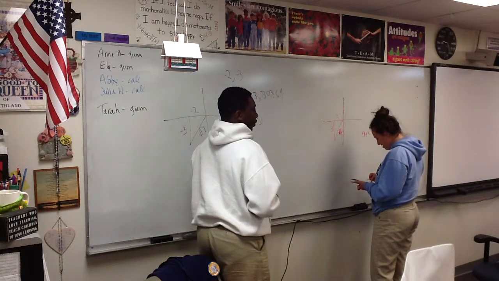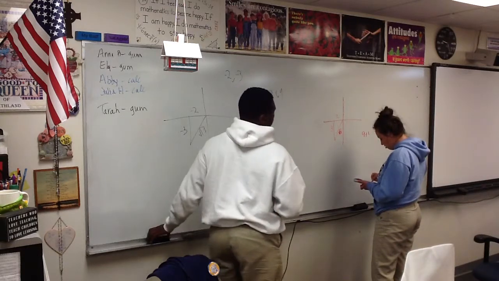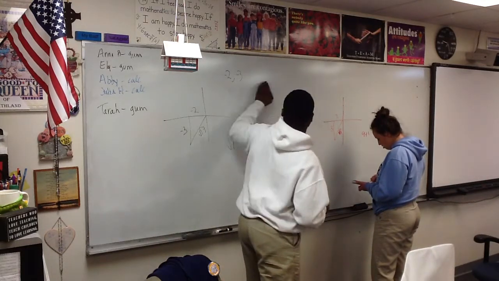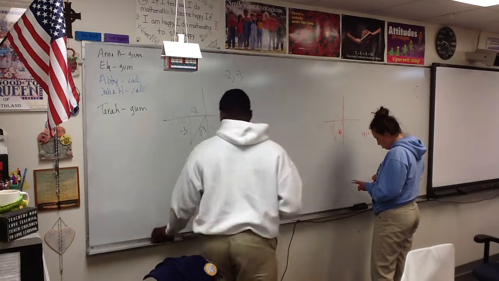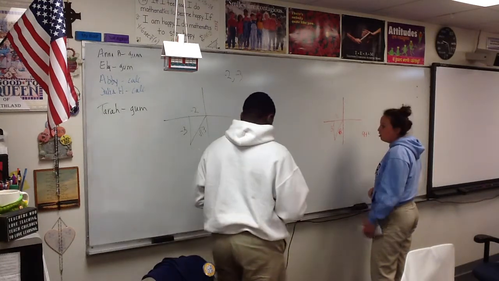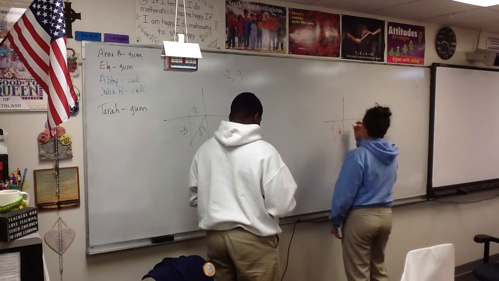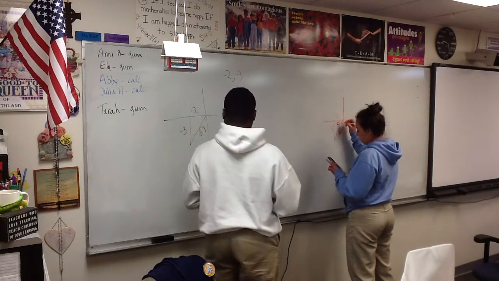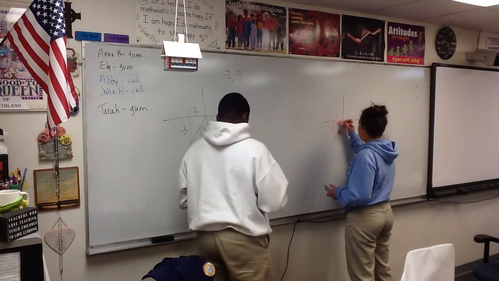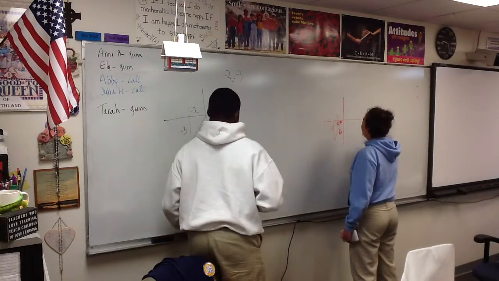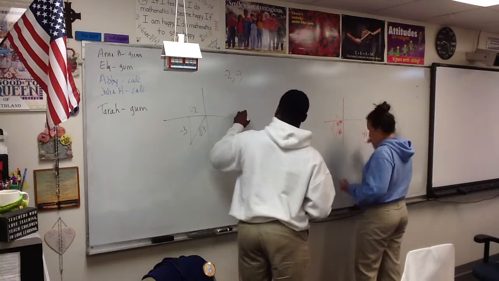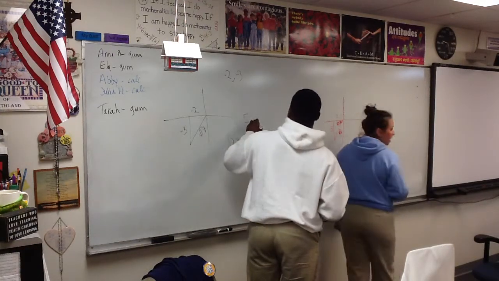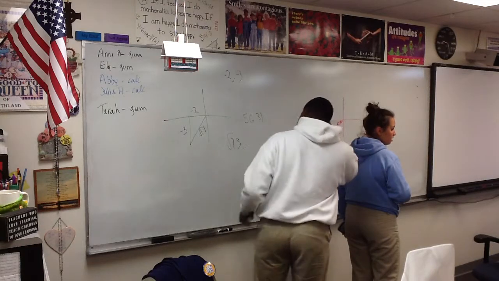I'm not sure that's right. 303.69. You've got to add it. Add 180. Why do you add it? I thought you subtracted it. Because it's past 180.